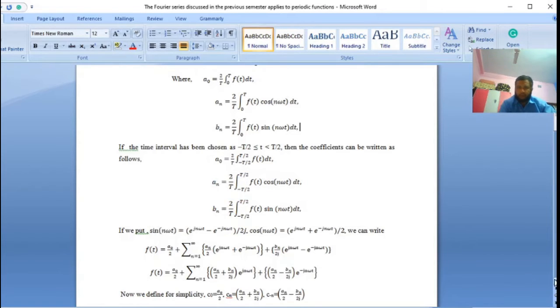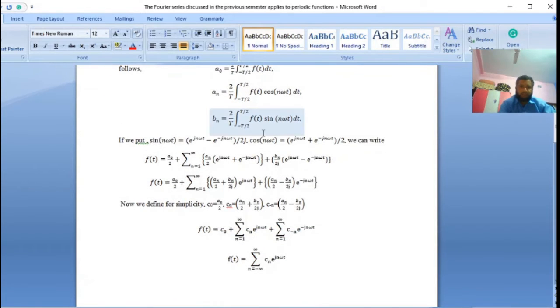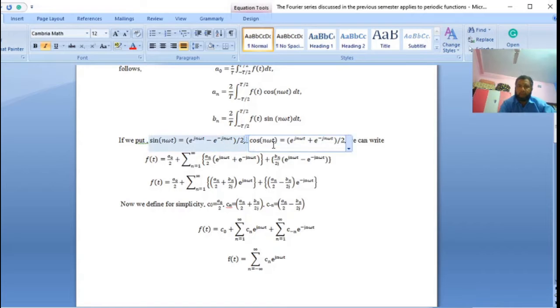Okay, now I want to change the terms cos n omega t and sin n omega t using the exponential form. So sin n omega t is nothing but that expression, and cos n omega t is nothing but that. If I put sin n omega t and cos n omega t, then f(t) can be written as that.